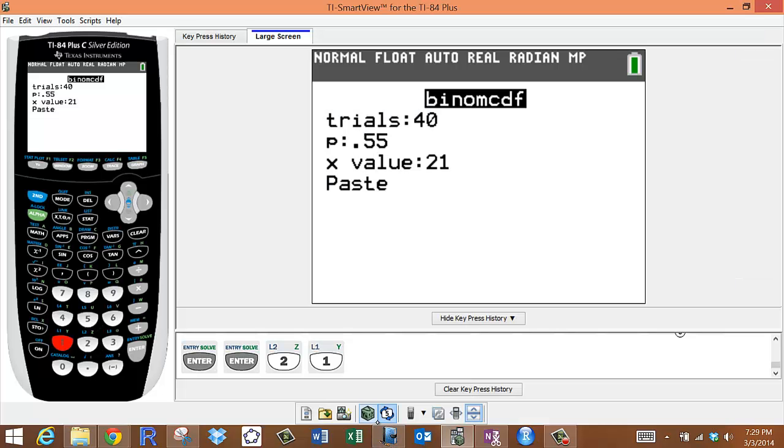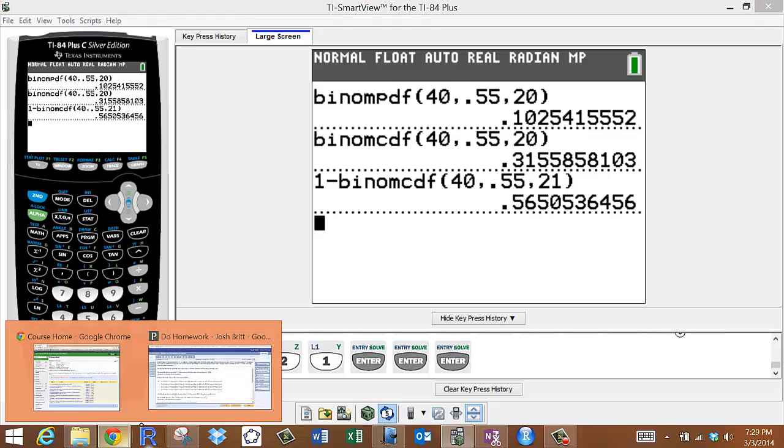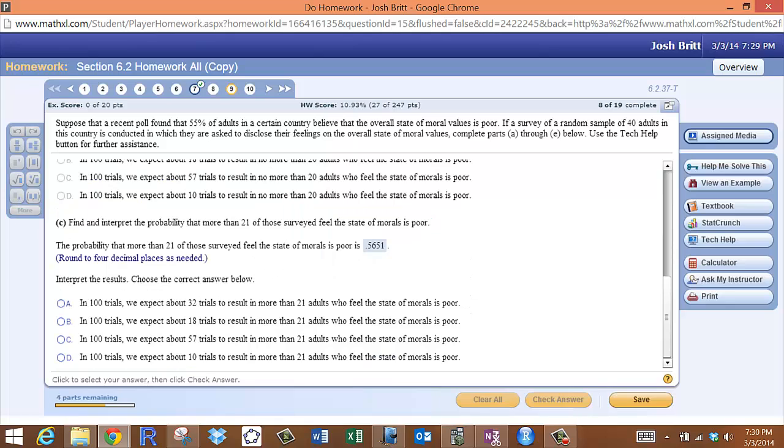Yeah, 21. Okay, so we get 0.5651, and we would expect about 57.